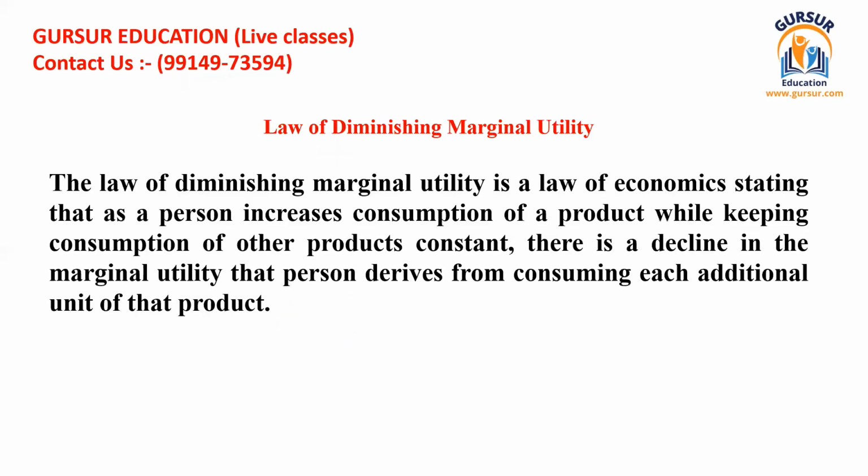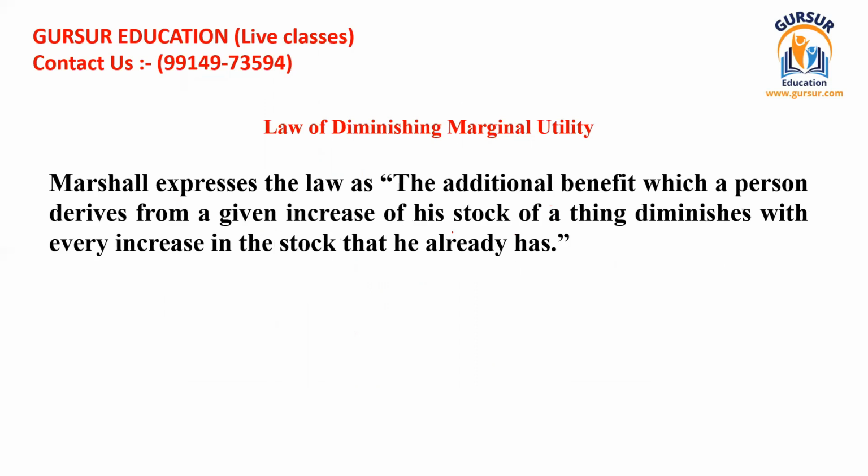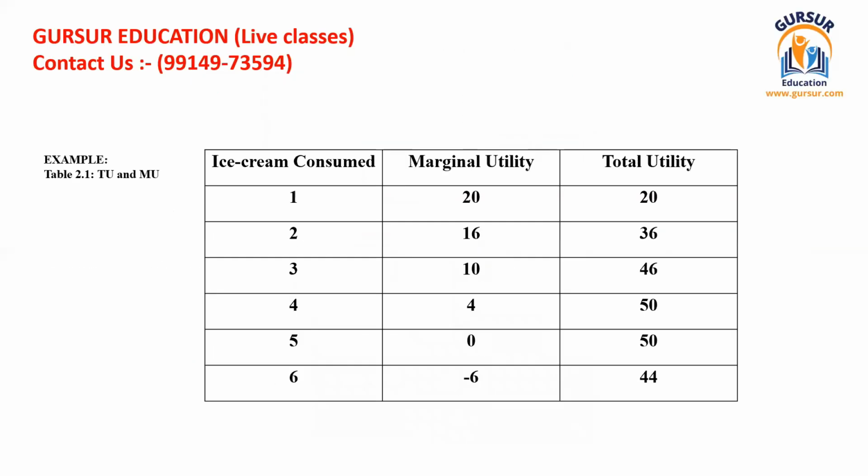It is a law of economics stating that as a person increases consumption of a product, there is a decline in marginal utility. Nothing difficult to understand; you would have got the complete idea if you have understood this picture.